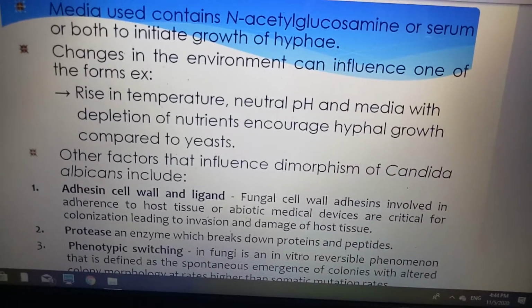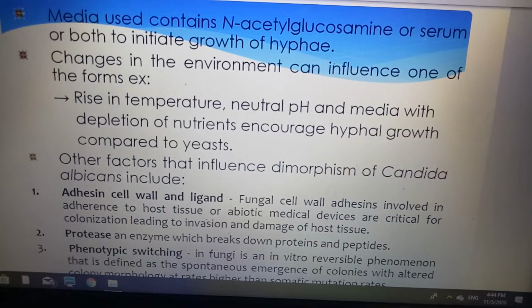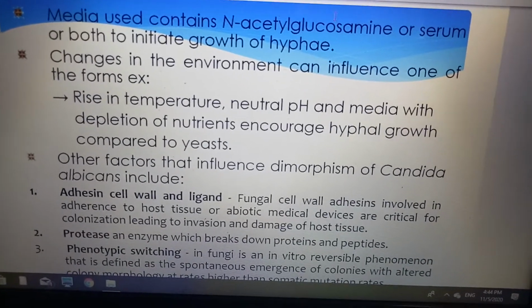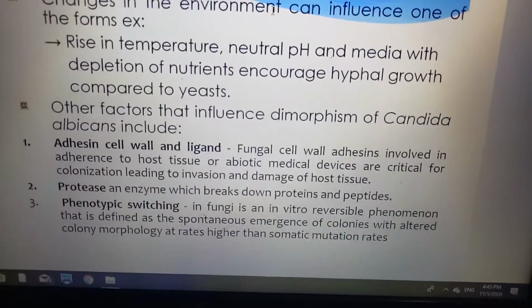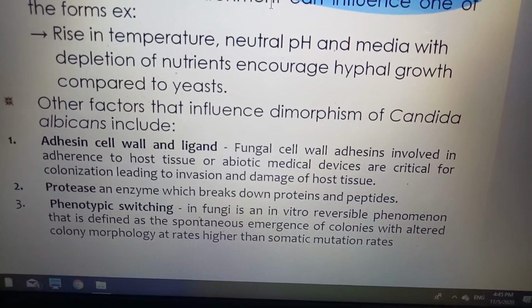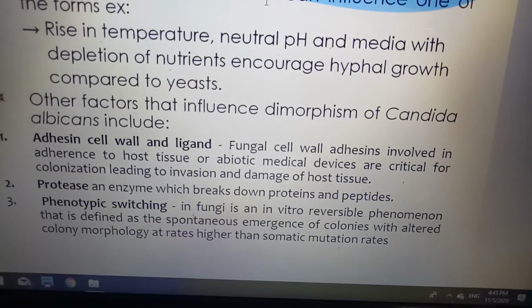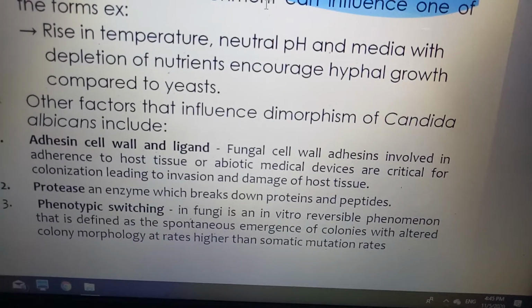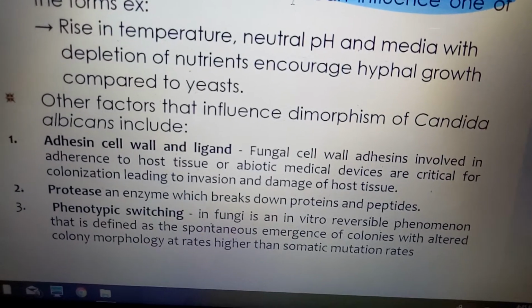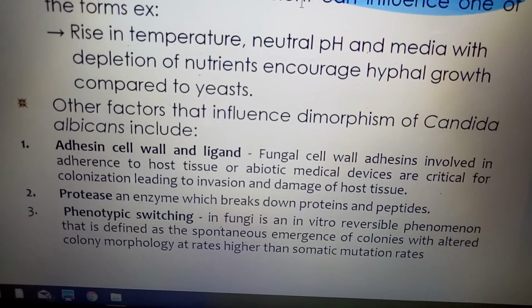Other factors that influence dimorphism of Candida albicans include number 1, adhesin, cell wall ligand. Fungal cell wall adhesins involved in adherence to host tissue or abiotic medical devices are critical for colonization, leading to invasion and damage of host tissue.